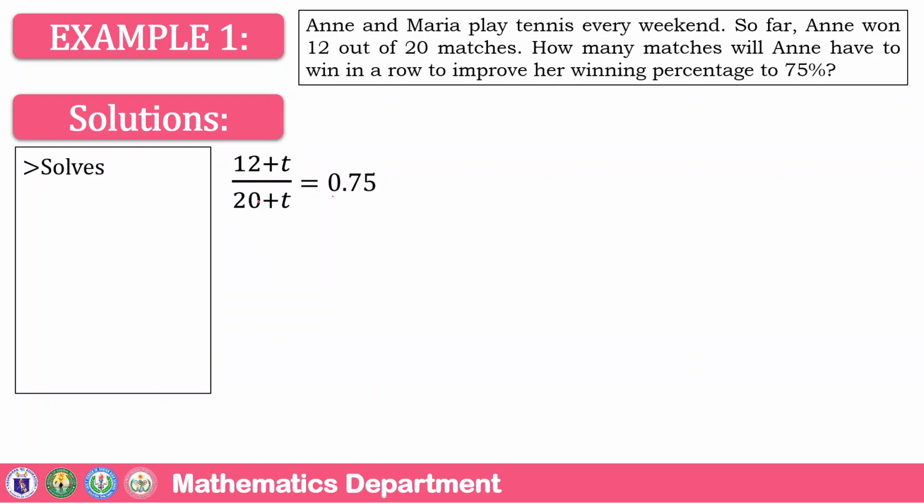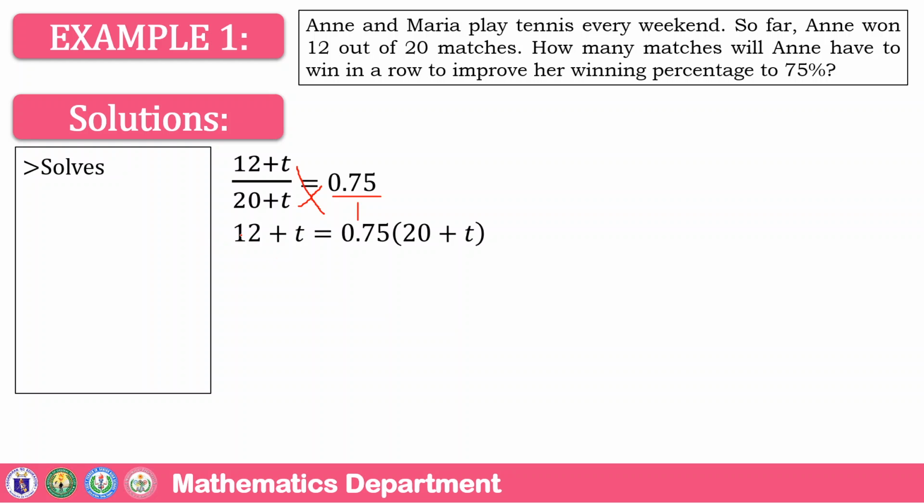So, yung 0.75, that is understood siya na over 1. So, pwede tayo dito mag-cross multiply. So, yung 1, i-multiply natin kay 12 plus t. And then, si 0.75, i-multiply naman natin kay 20 plus t. So, ang kalalabasan, yan po.